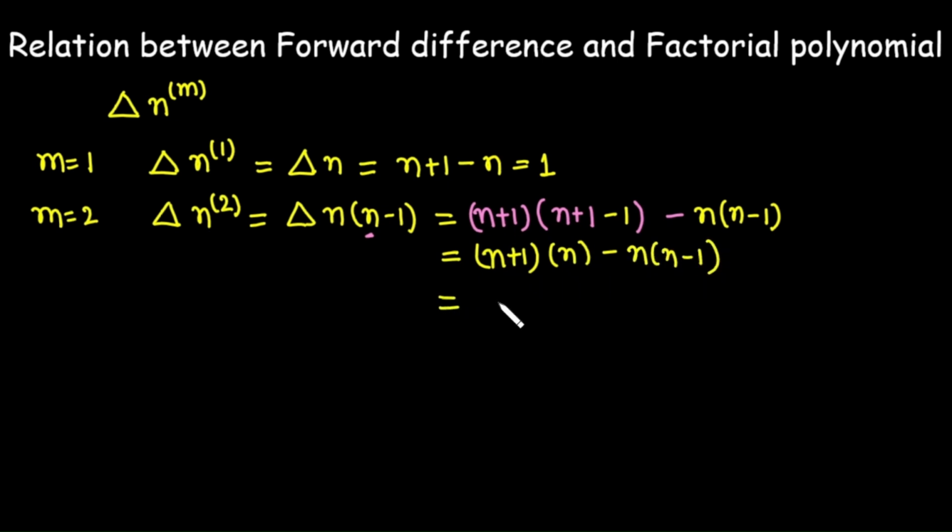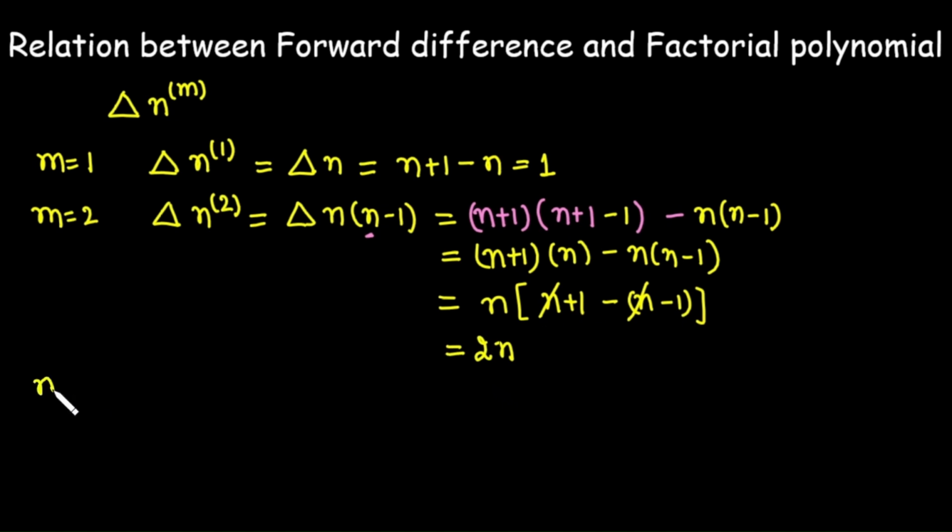So we can take n common. We have after that n plus 1 minus n minus 1. So here this n gets cancelled with this. This is equal to n times of 2, that is 2 of n.